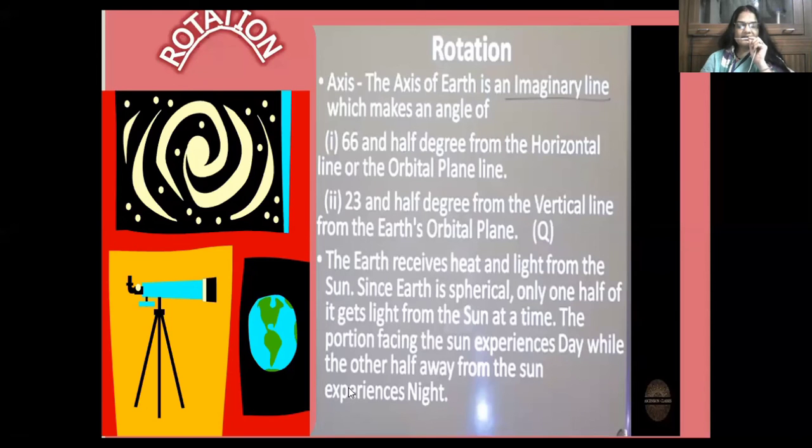So we can say that days are longer and nights are shorter in one hemisphere and vice versa in the other hemisphere. Poles usually experience complete day and complete night for 6 months together.